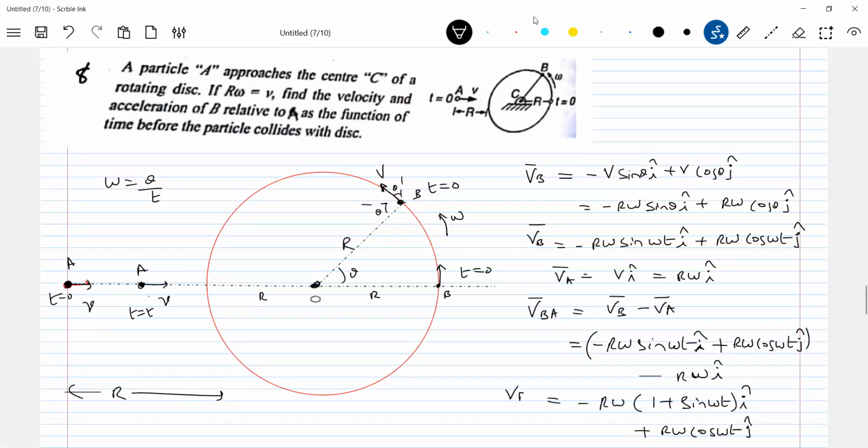Looking at the equation, don't get scared. Nothing is there in that one. If you want it in terms of V, you can replace omega in terms of V. It is your convenience.